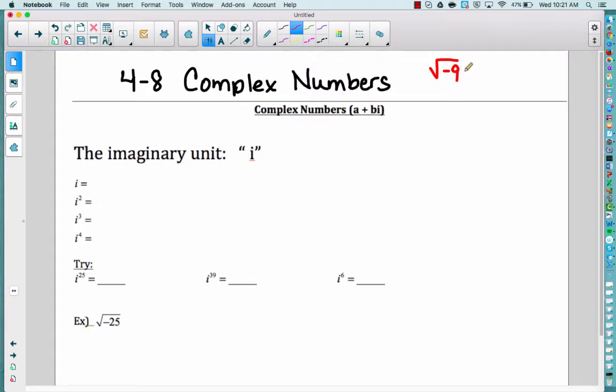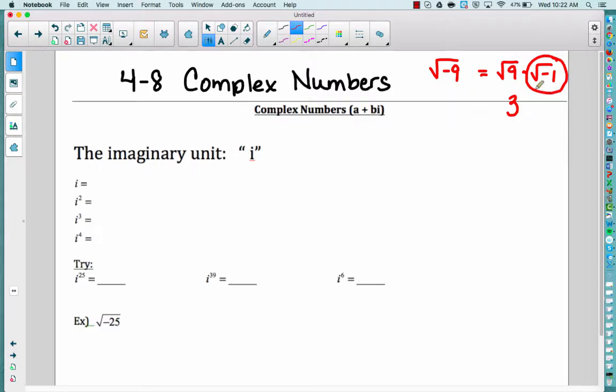But what we could do is maybe think of it like this: root 9 times root -1. And we know that root 9 is the number 3. Well, this square root of -1, we had to come up with a way for dealing with it. And it's actually something that we call a complex number or an imaginary number.